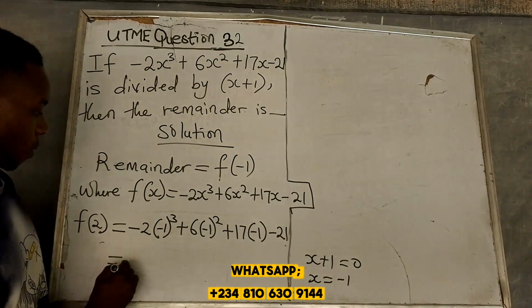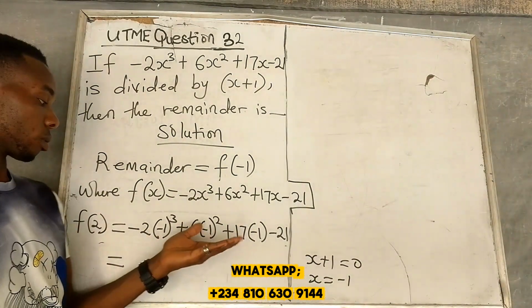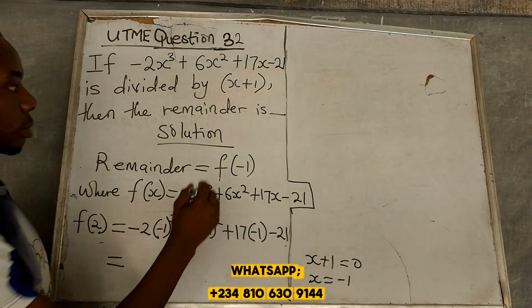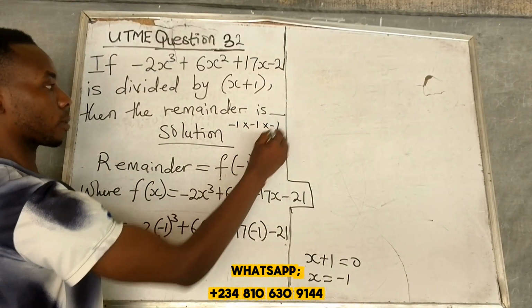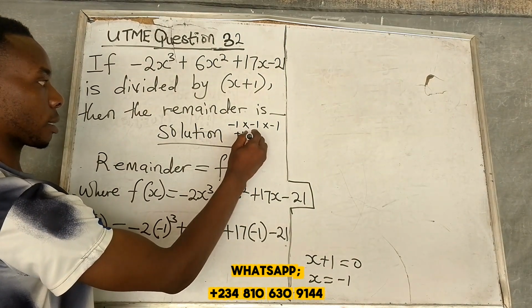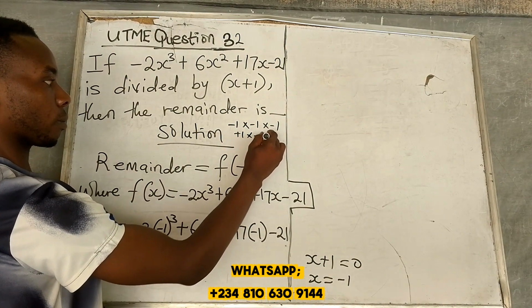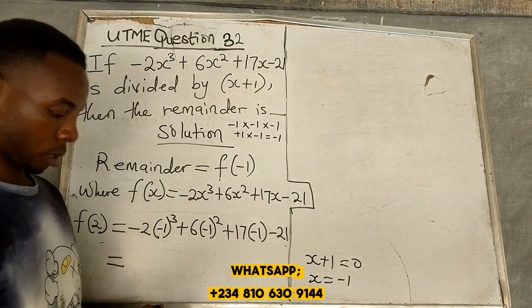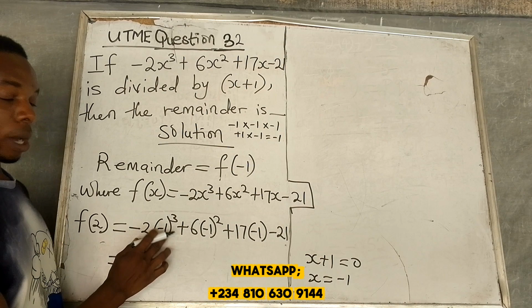This is equal to: minus 1 cubed is equal to minus 1, just like when you see minus 1 times minus 1 times minus 1. Minus 1 times minus 1 is plus 1, then plus 1 times this minus 1 will give us minus 1. So this will be minus 1.